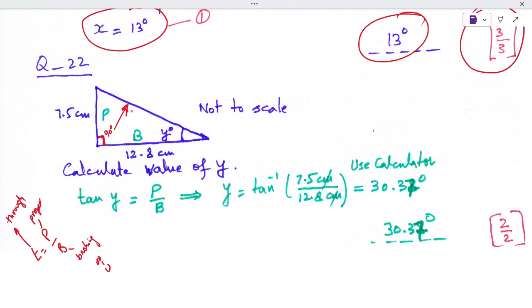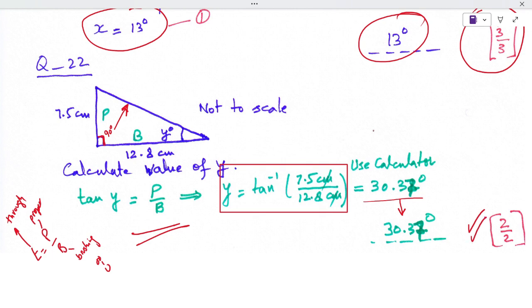So we calculate value of y by saying tangent of y is equal to P over B, and P is 7.5, B is 12.8 centimeter. So in 1 step I have done y is equal to tangent inverse 7.5 over 12.8, which works out to be 30.37 degrees, and you score 2 marks out of 2 for this as well.